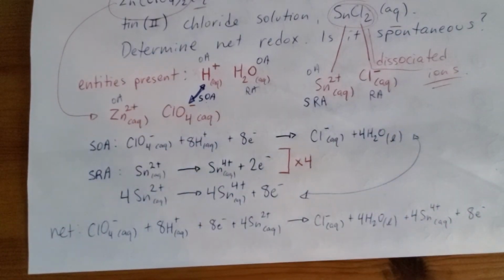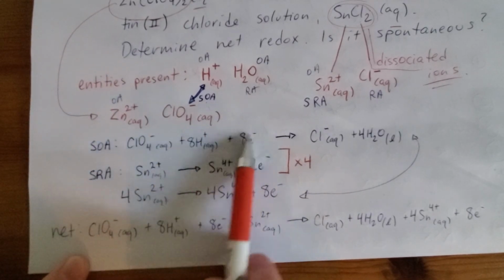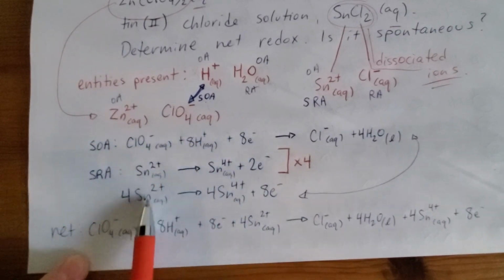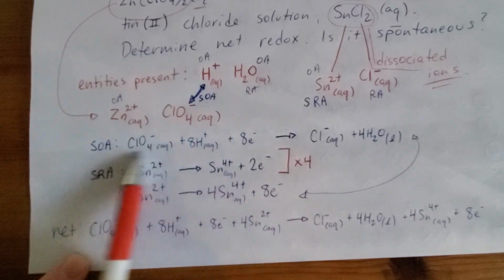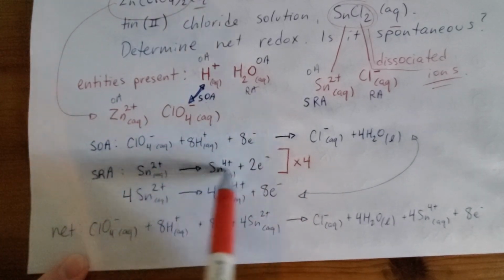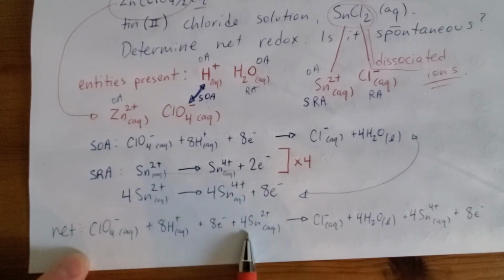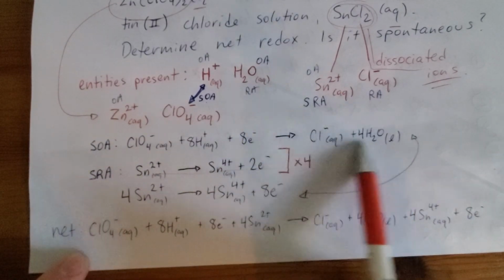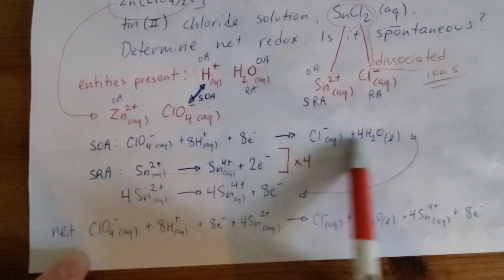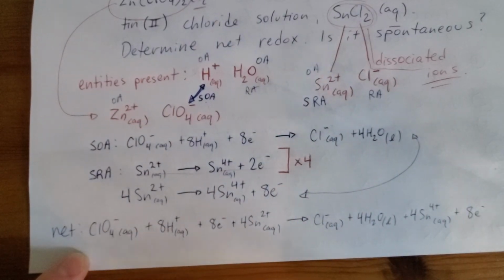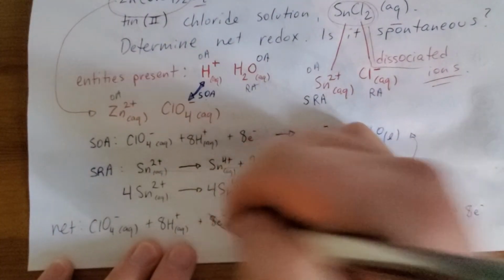Okay, so what I have here is just all the reactants once we've balanced the electrons. So I'm not using this one anymore. This one I've multiplied by 4 to balance the electrons. So that's why I've got 4 of these guys. Then the products are just these products and these products. At the very least you'll be able to cross off some electrons.